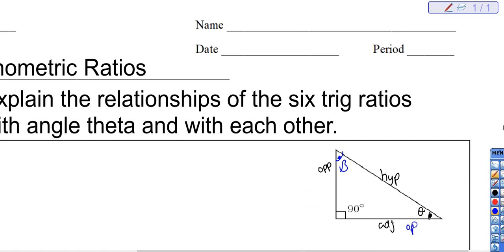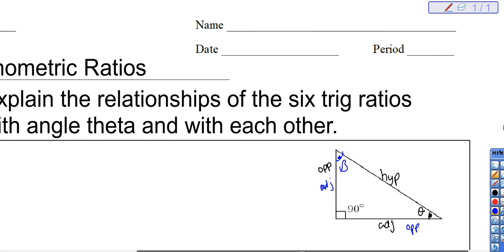It switches them. So it's really important to start with the angle that you're either given or the angle that you have to find, and then you look at the triangle from that angle's perspective. That's really important. We're going to focus on angle theta today, not angle beta, okay?